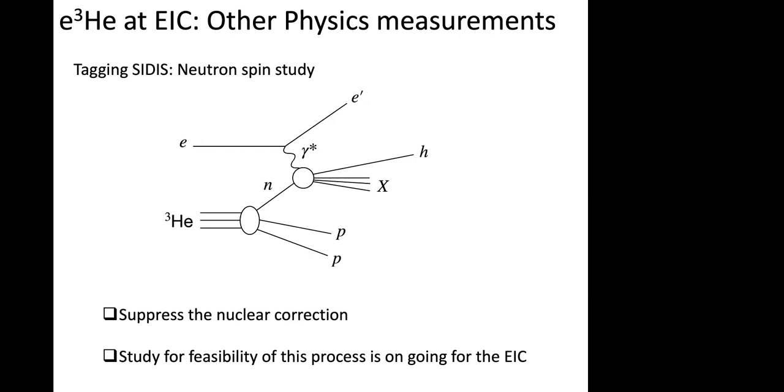If we can do this with double tagging, for many SIDIS observables, we will also subtract the nuclear correction. That will help us interpret the SIDIS result in a more precise way, and it is less model dependent on the nuclear correction.